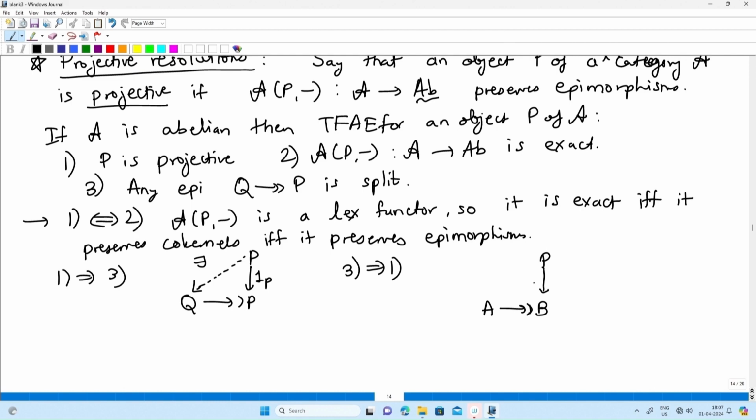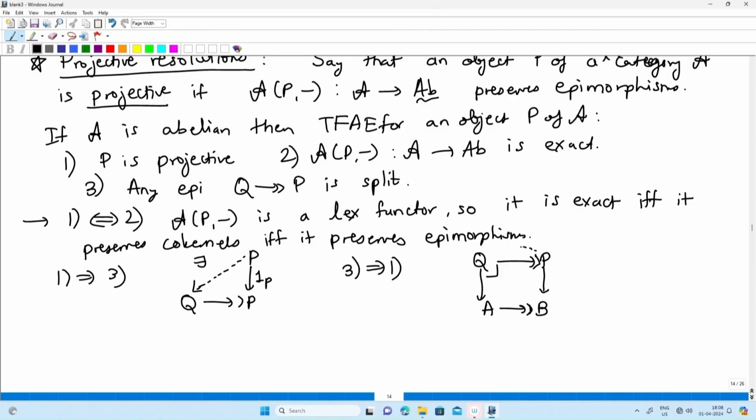What we do is construct a pullback. So this is the pullback. Let me call it Q. This is an epimorphism. So in an abelian category, we know that pullback of an epimorphism is an epimorphism. So therefore, by property 3, there will exist a map in this direction. So if you want, I can write all these names.